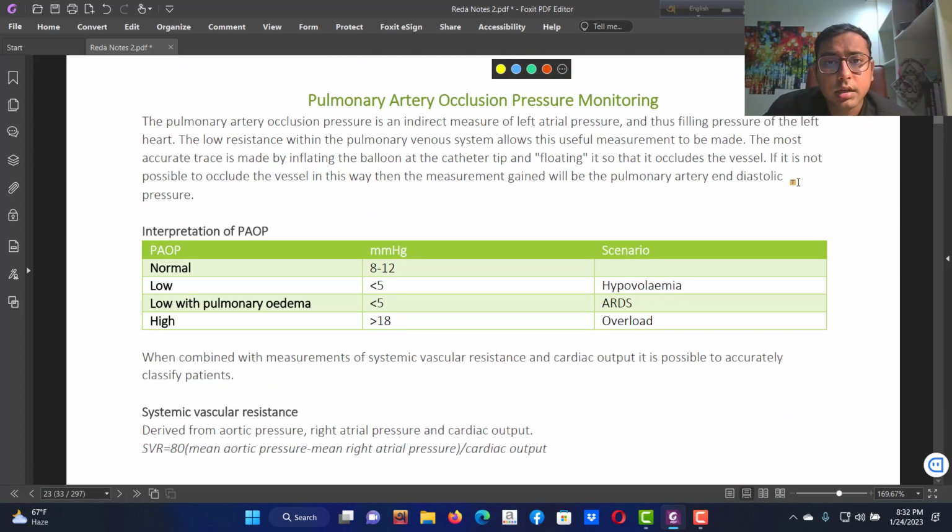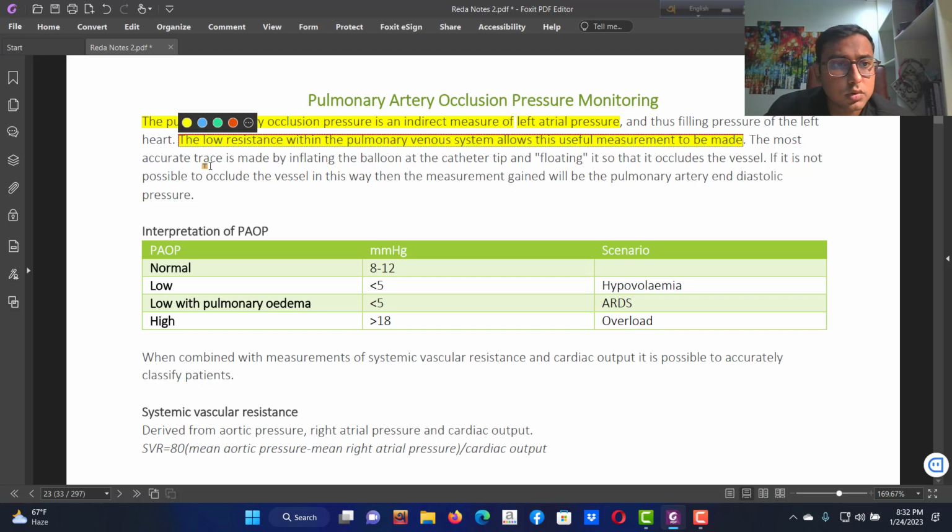Now the pulmonary artery occlusion pressure. So PAOP, pulmonary artery occlusion pressure, is the indirect measure of left atrial pressure. Must know. So low resistance in the pulmonary venous system allows useful measurement.